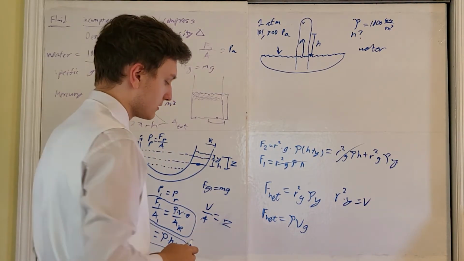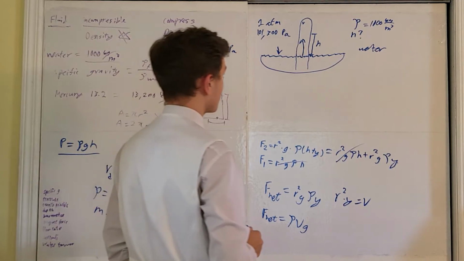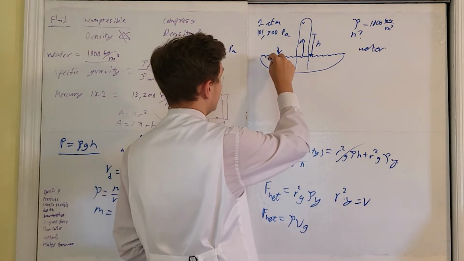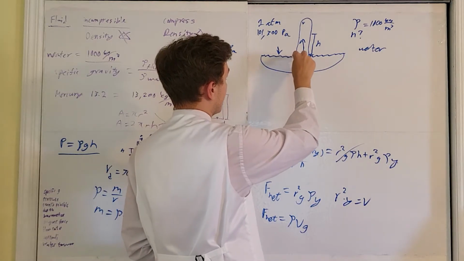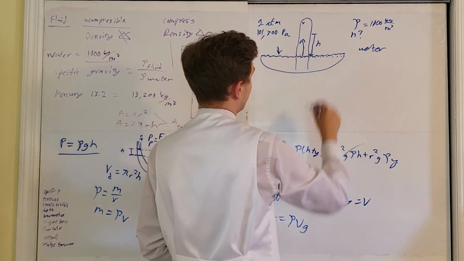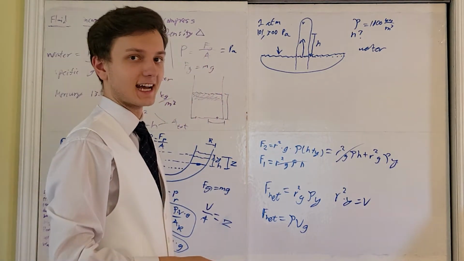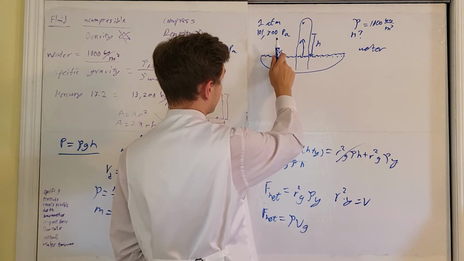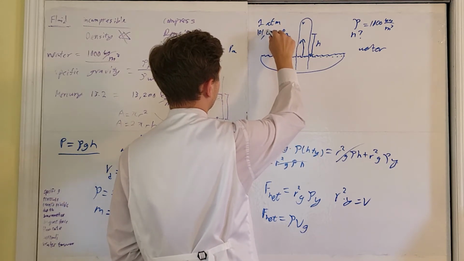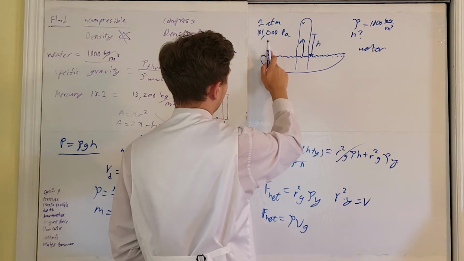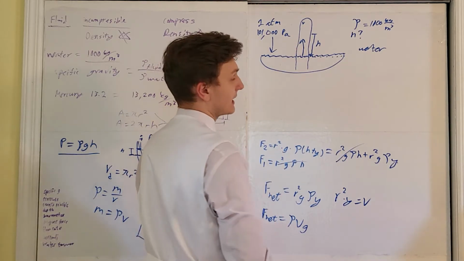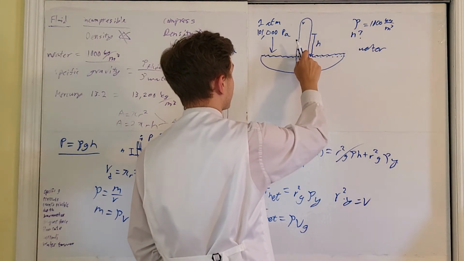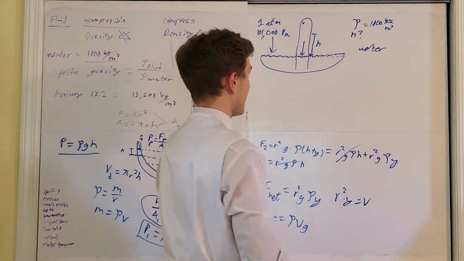So the central realization that we need to make in order to solve this problem is we need to remember Pascal's principle. We need to remember at any height, any y value in the apparatus, the pressure must be exactly the same. Which means if we have 101,000 pascals pushing down on this part of the apparatus, we need to have 101,000 pascals pushing down on this end of the apparatus.